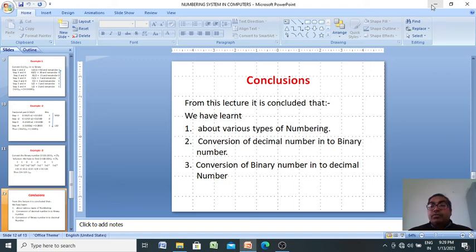From this lecture, we have gained vast knowledge about conversion between binary and decimal numbers, and about the types of numbering systems.